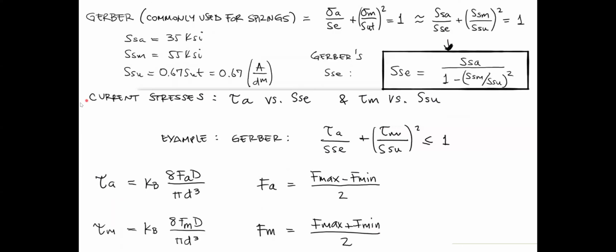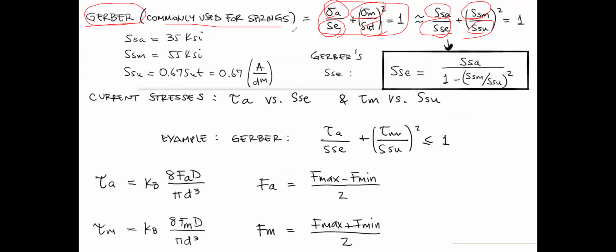Okay, some examples here. For example, we can use the Gerber, commonly used for springs. So this is what we learned for this fatigue criteria. And the same, we just replace the sigma A with SSA, sigma M with SSM, SE with SSE, SUT just replaced by the SSU.